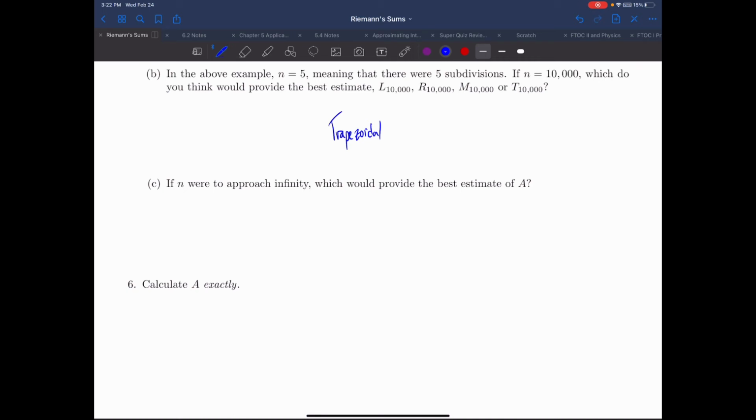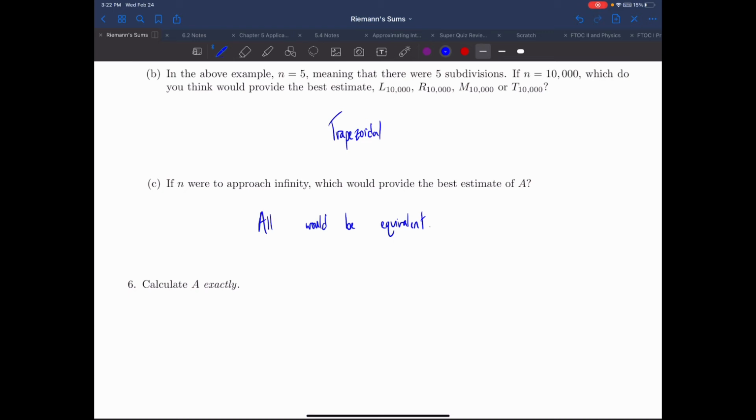So if you have an infinite number of rectangles and triangles and trapezoids and midpoint sums, these would all be equivalent. And this is a conceptual question because obviously we can't draw an infinite number, but you can sort of visualize that.